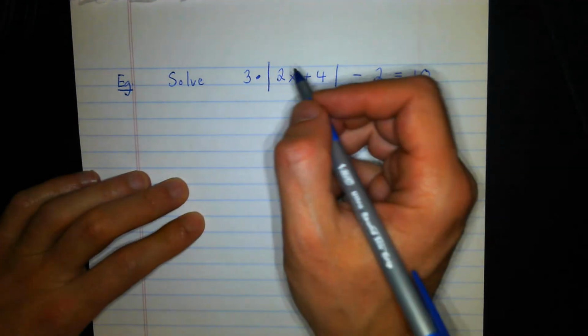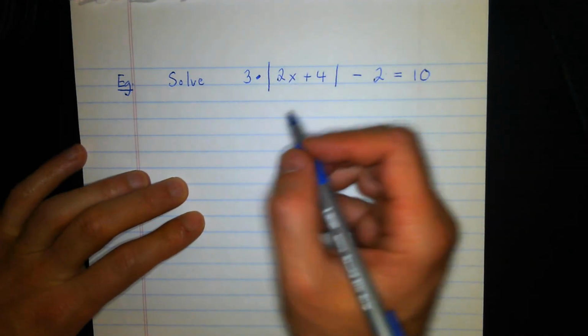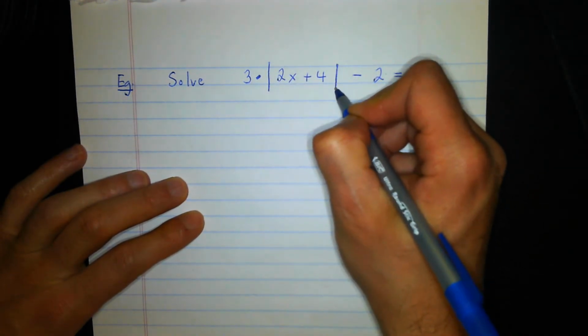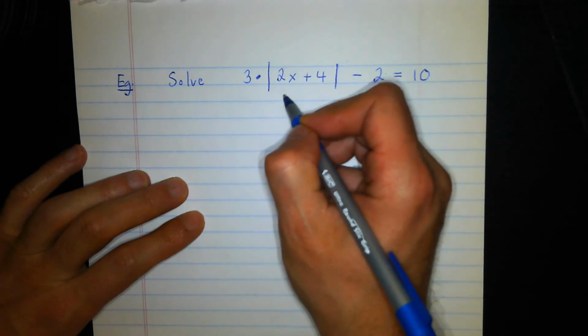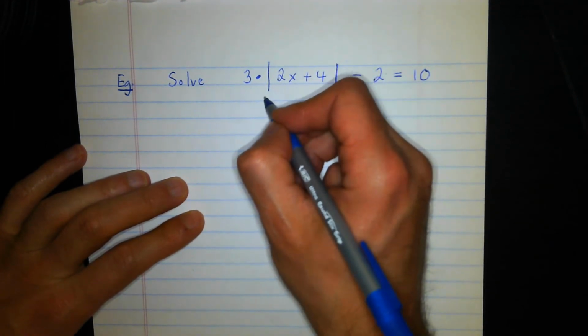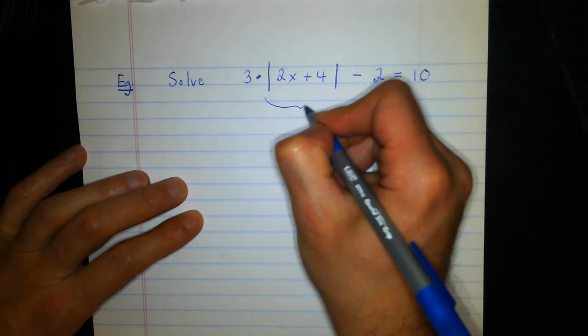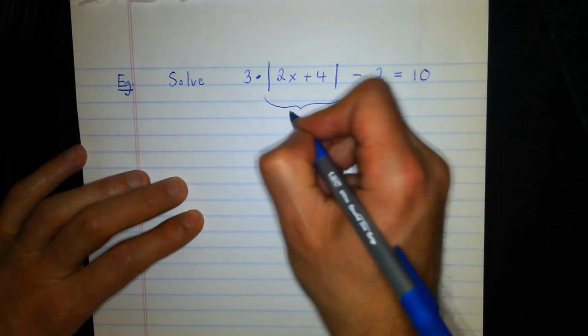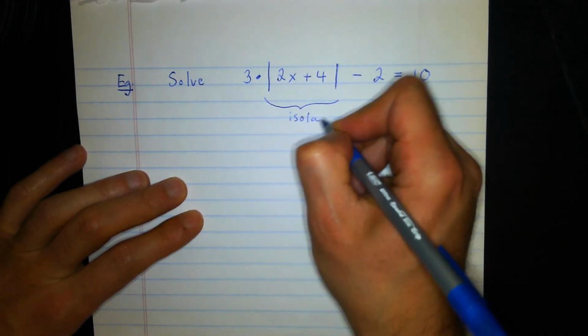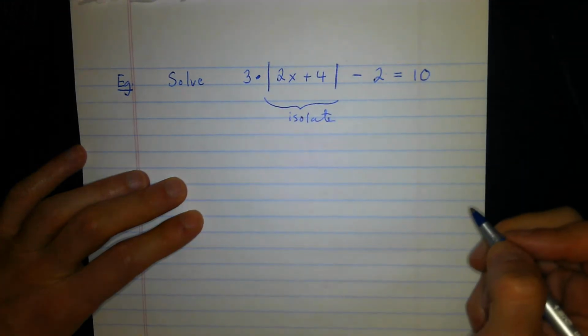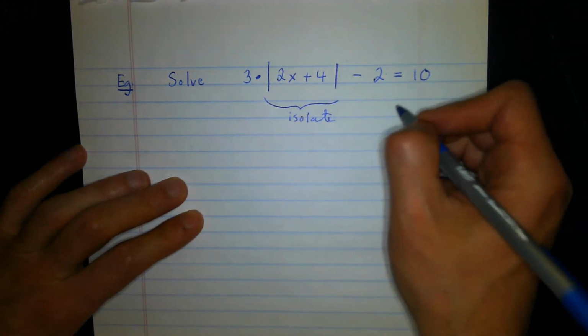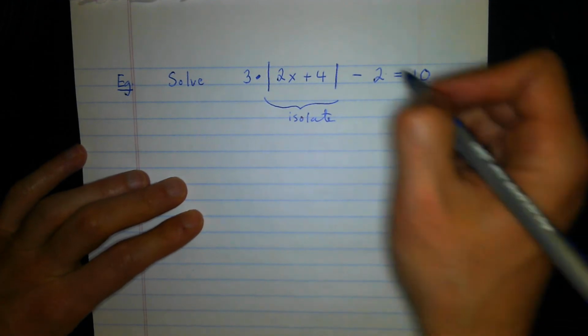The main point here is I just wanted to show you guys how to isolate the absolute value here. What would I need to do to isolate the absolute value? Well, you can kind of just think of it as isolating y for this equation.